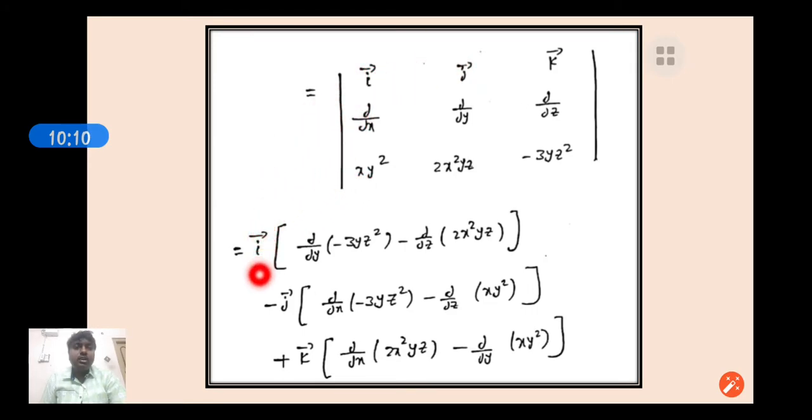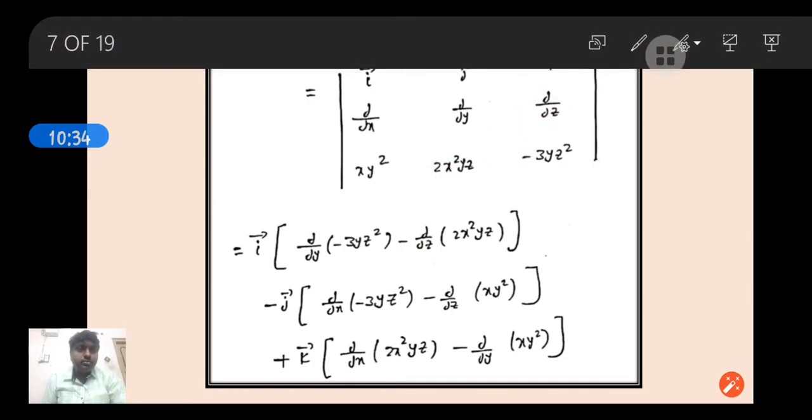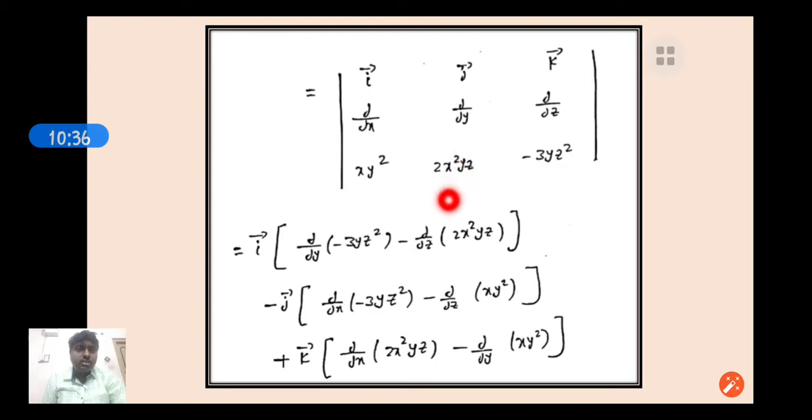I write i bar into, by deleting the first column and first row, the 2 by 2 determinant: dou by dou y of minus 3y z square minus dou by dou z of 2x square y z. That is the first value, the component of i bar.